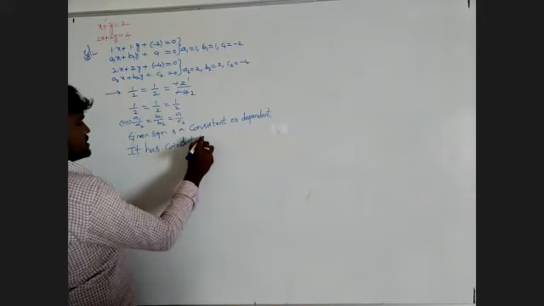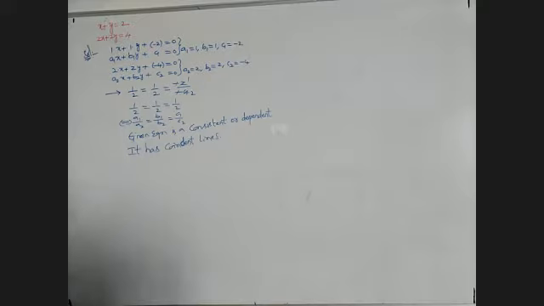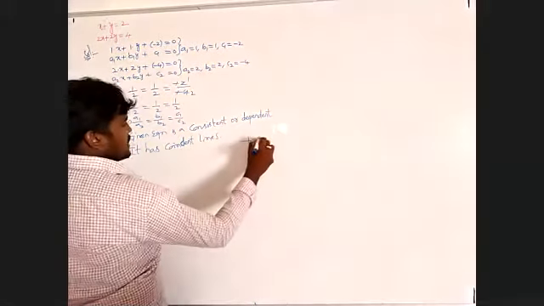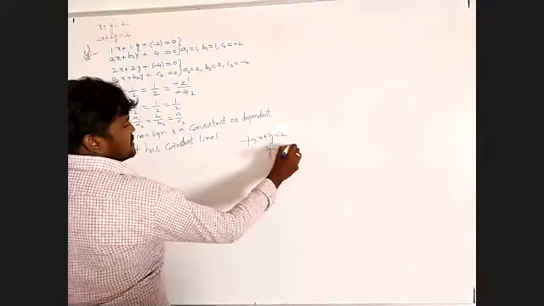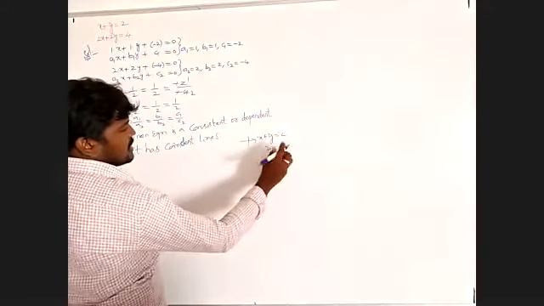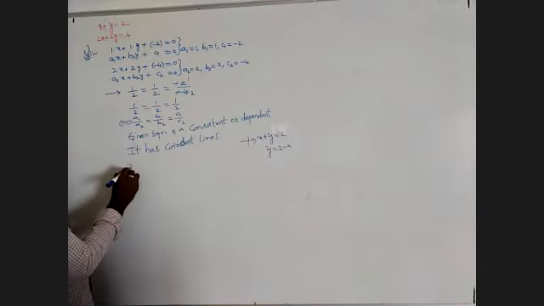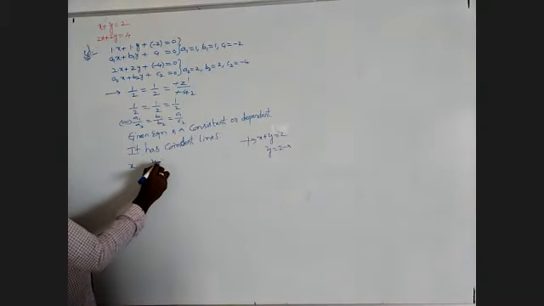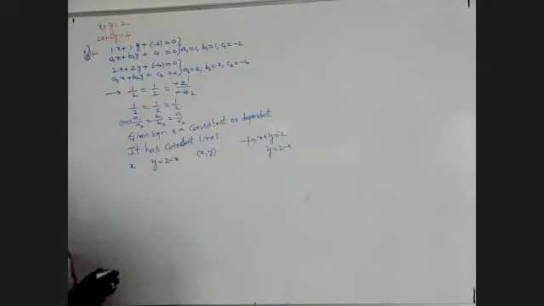We have to draw the graph. We have to draw the graph means both equations can be converted into y values. That becomes, here first I have to take x plus y equals 2, that is y is equal to 2 minus x. First I have to take x, y is equal to 2 minus x, and also the ordered pair x comma y we have to take.